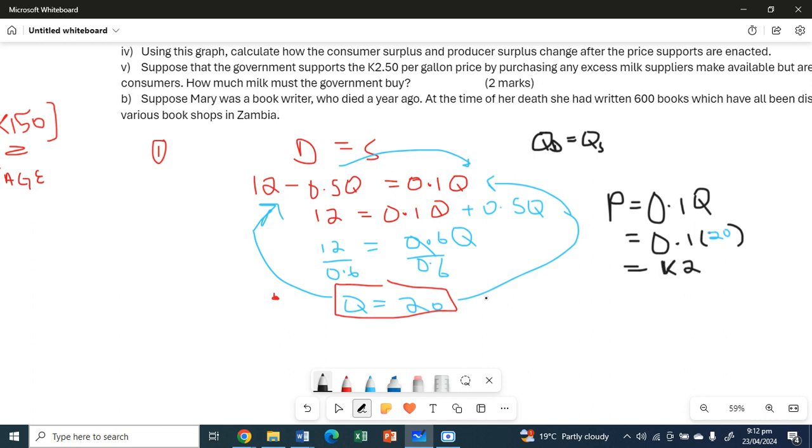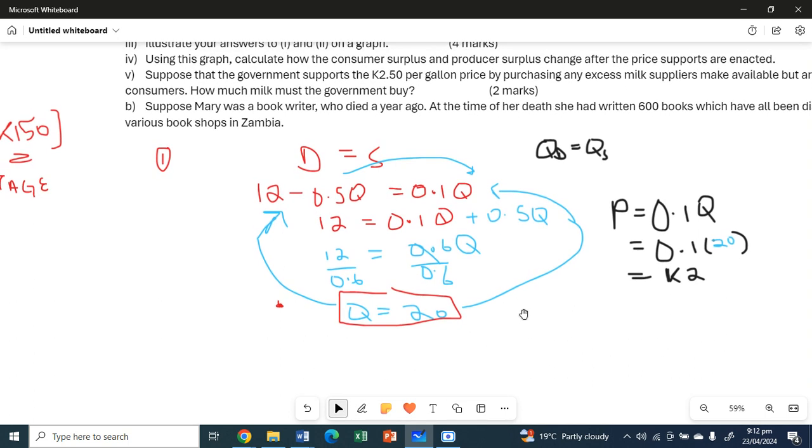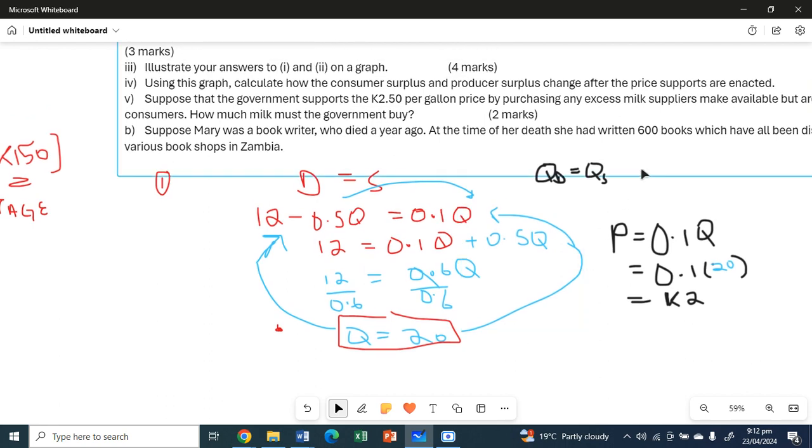So that is the equilibrium price and the equilibrium quantity. Any questions?